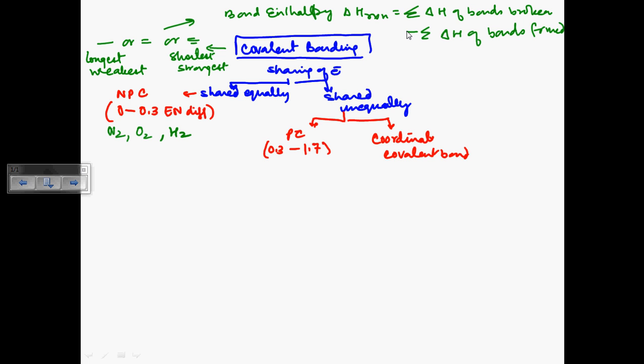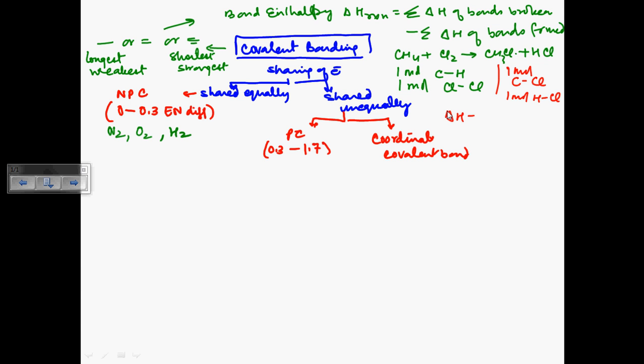For example, if we had a reaction CH4 plus Cl2 gives you CH3Cl plus HCl. In this case, you are breaking 1 mole of CH bond, you're breaking 1 mole of Cl-Cl bond, and you are forming 1 mole of CCl bond, and you're forming 1 mole of HCl bond.